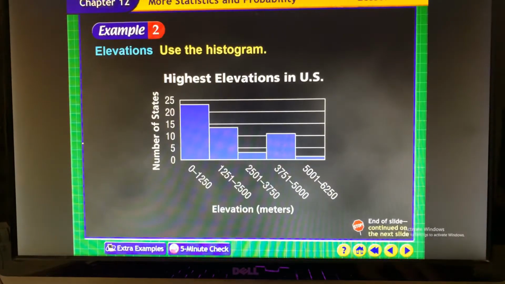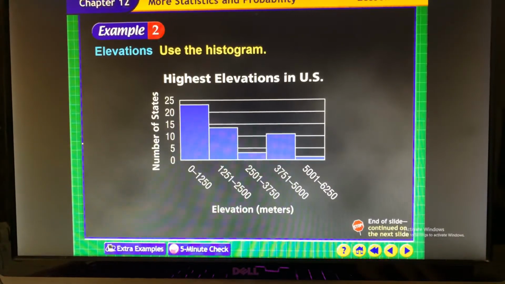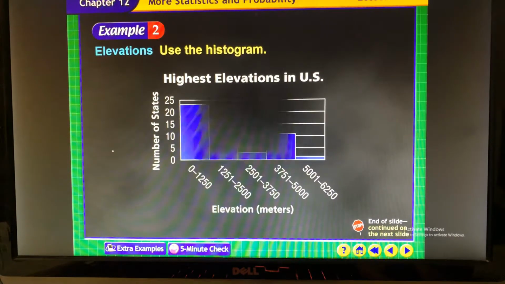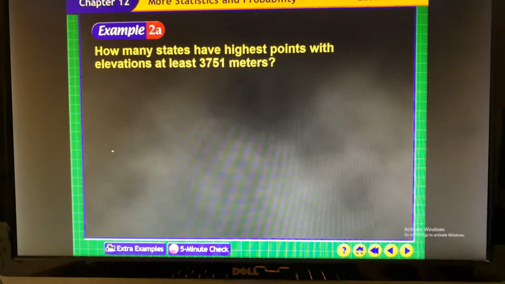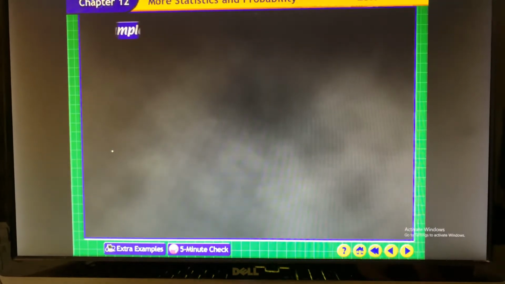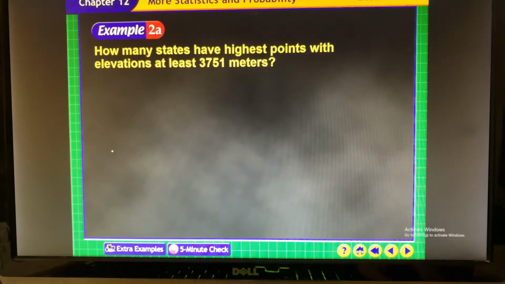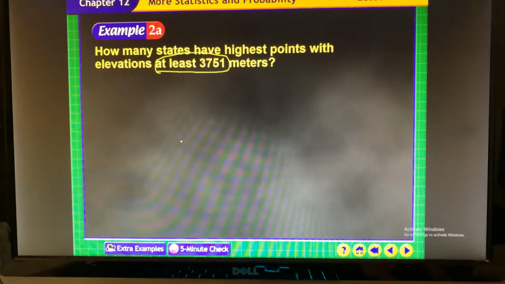Now we want to answer some questions based on this histogram. I'm going to show you the question, then I'll come back to the graph. It says, how many states have the highest points with elevations of at least 3,751? The keyword is at the very least 3,751.